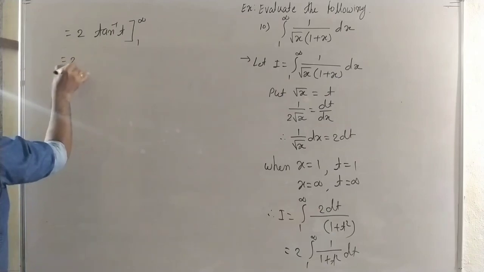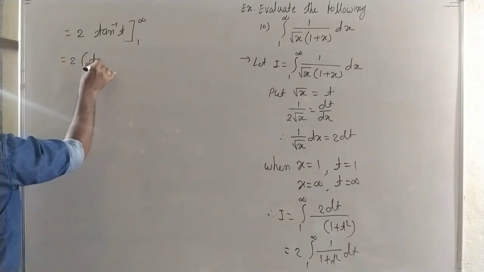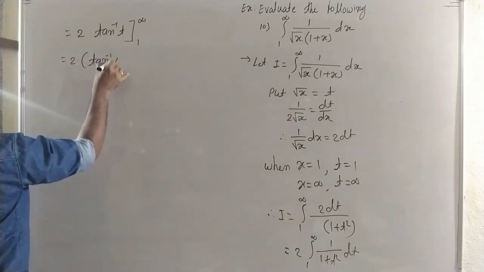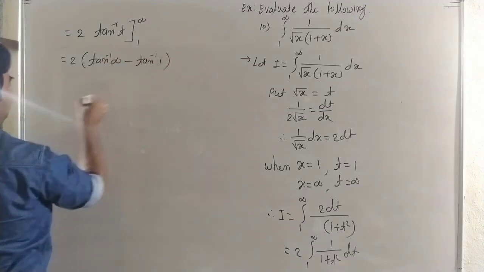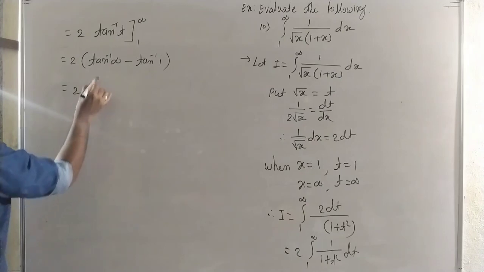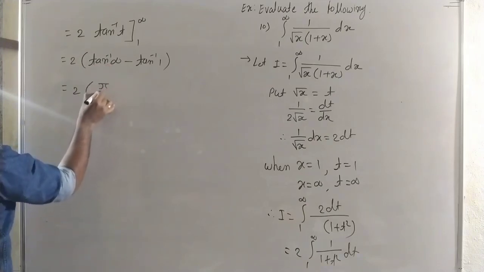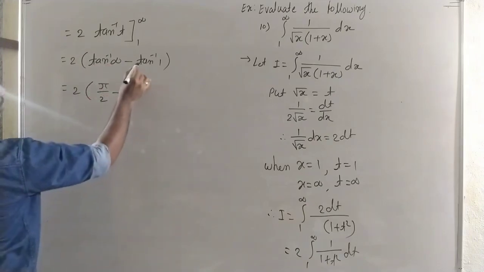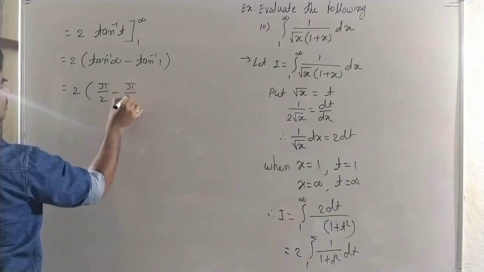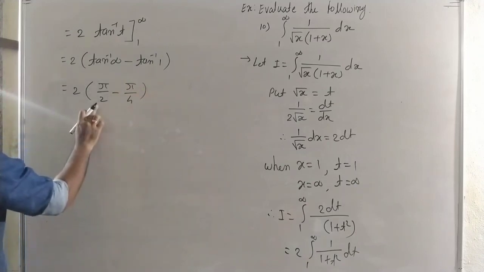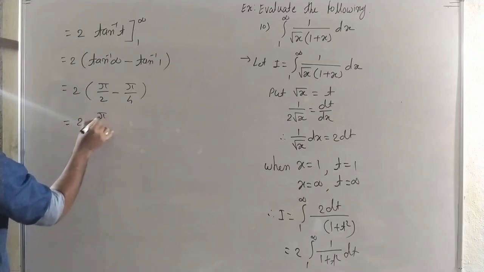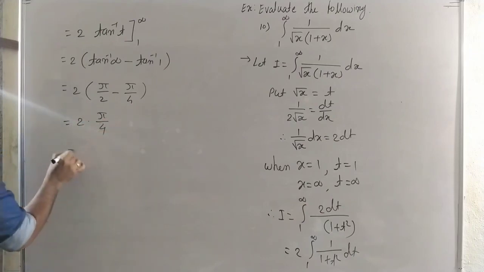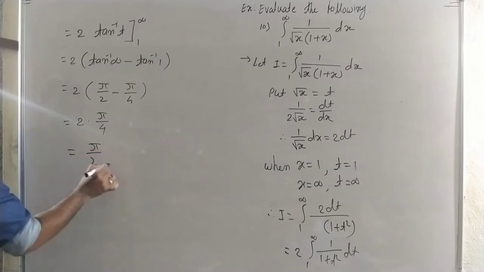Now 2 as it is, upper limit minus lower limit: tan inverse of infinity, which is pi by 2, minus tan inverse of 1, which is pi by 4. Subtracting, pi by 2 minus pi by 4 is pi by 4, 2 into pi by 4, and the last answer is pi by 2.